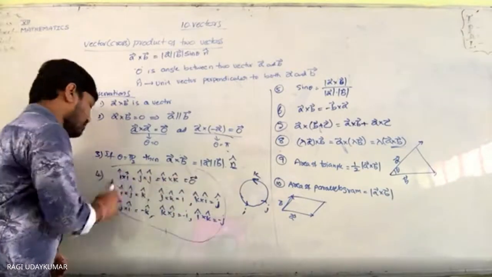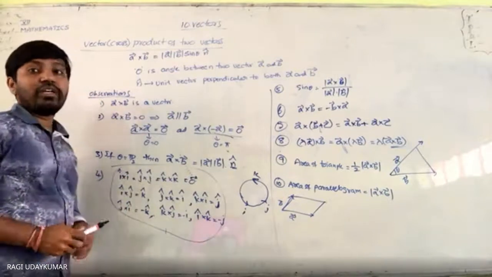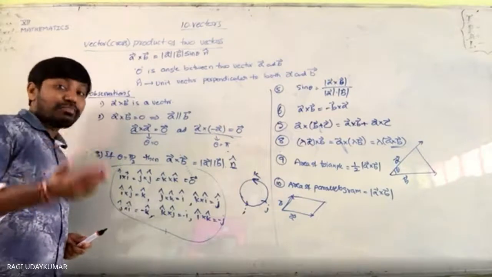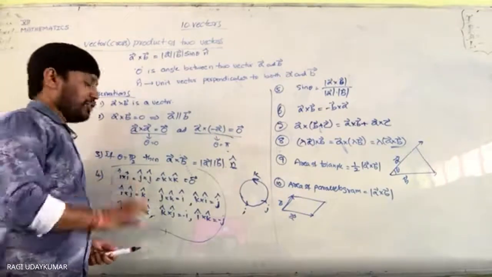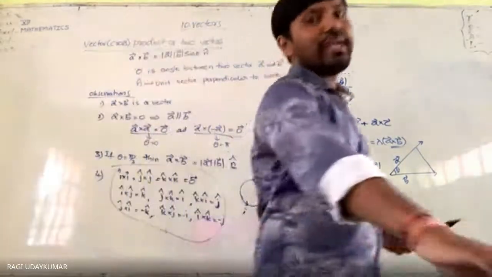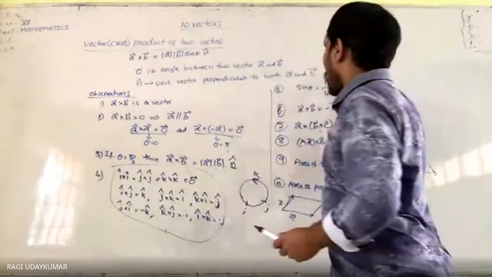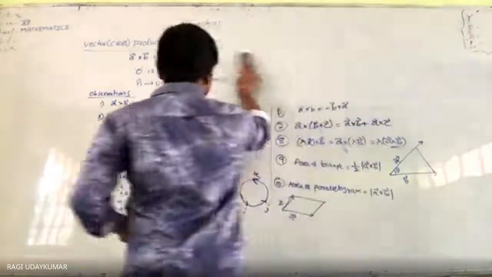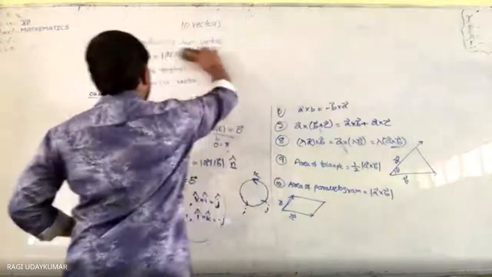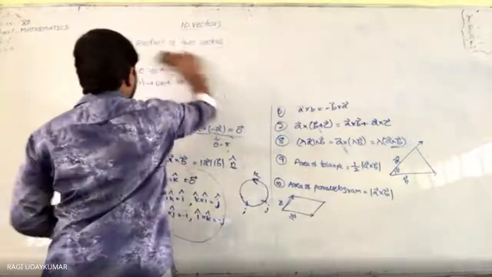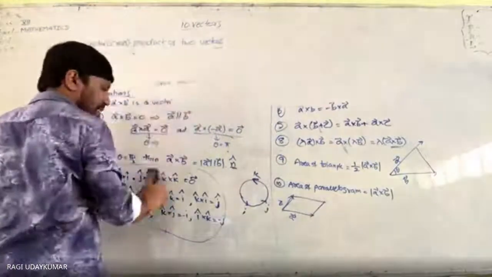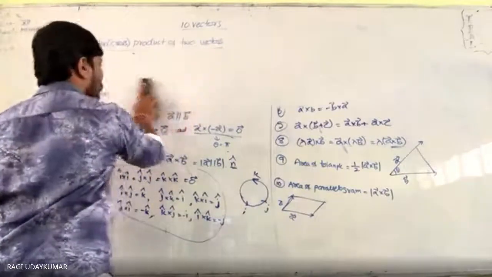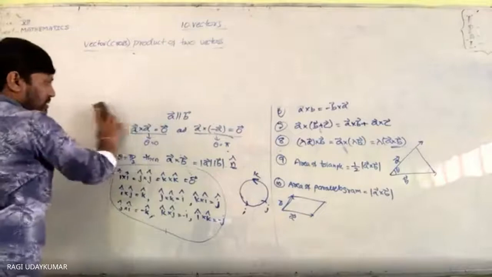With the help of this basic thing only, we will find out the cross product of the two vectors. Okay. So let us see one example. Using whatever concept I have explained, we will find out the cross product of the two vectors.